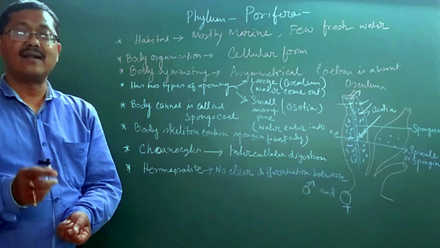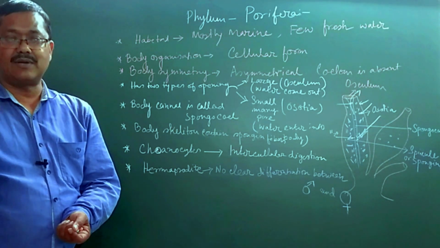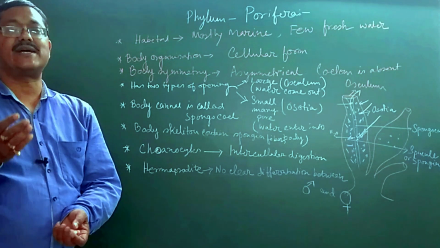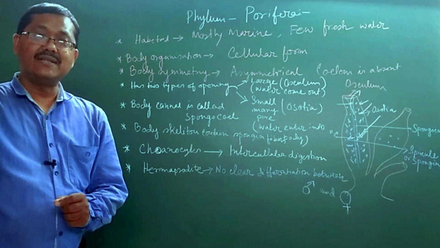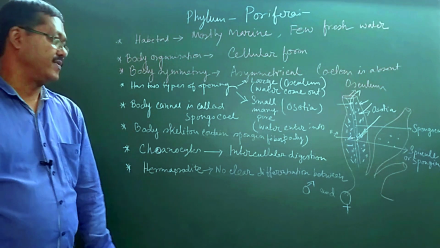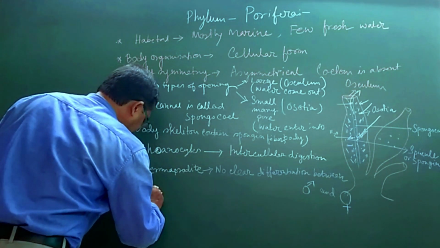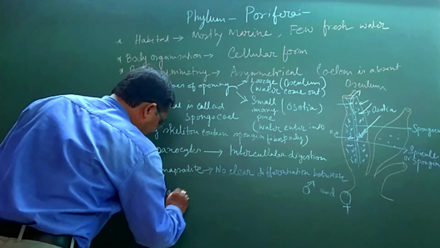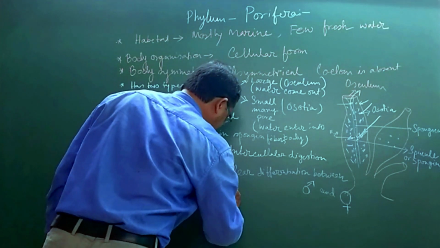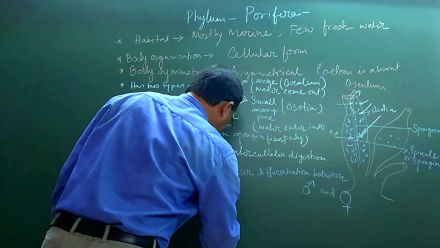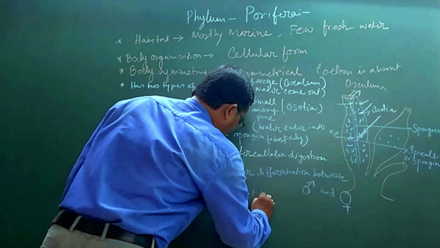That is why these are called hermaphrodite. And their development: after fertilization, the zygote develops. This zygote differentiates and forms a mature animal. During their development, some larval stages are present. When a larva is present during the life cycle, it is indirect development.